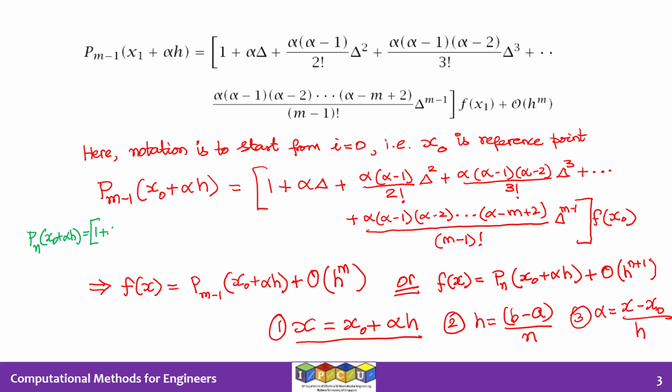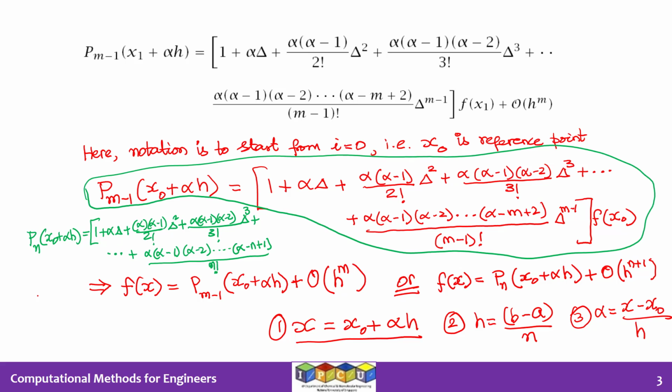1 plus alpha delta plus alpha into alpha minus 1 by 2 factorial delta squared plus alpha into alpha minus 1 into alpha minus 2 by 3 factorial delta cube plus and so on, plus alpha into alpha minus 1 into alpha minus 2, all the way till multiplication with alpha minus n plus 1 times delta to the power of n f x naught.